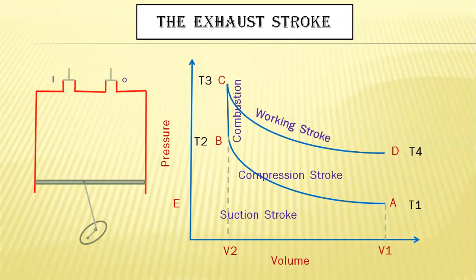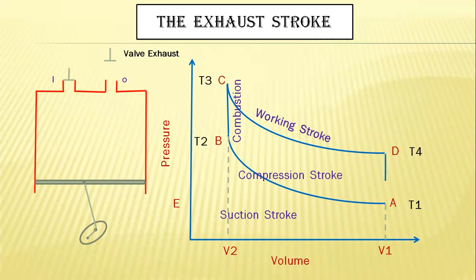Then the fourth stroke is the exhaust stroke. The outlet valve opens. That represents the valve exhaust here. Therefore, as the outlet valve opens, the pressure inside the cylinder decreases and the temperature also decreases.